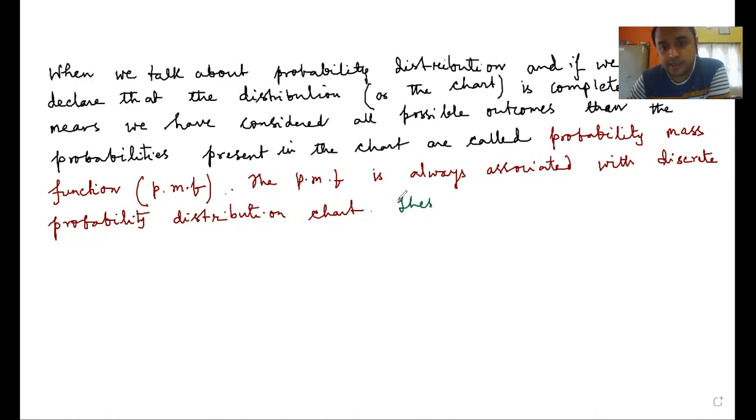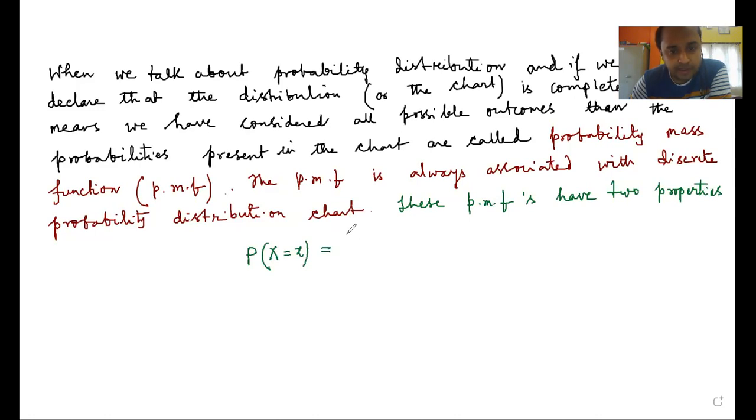have two properties. What are they? One property is that the probability of capital X equal to small x, or sometimes denoted by small p suffix x, is always non-negative, and this is property number 1.